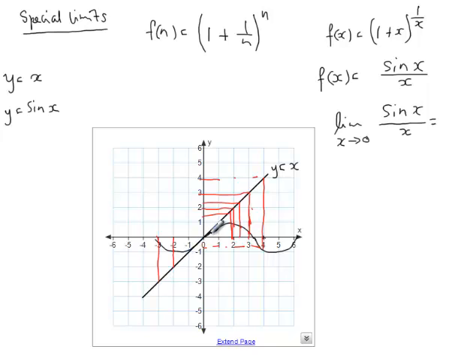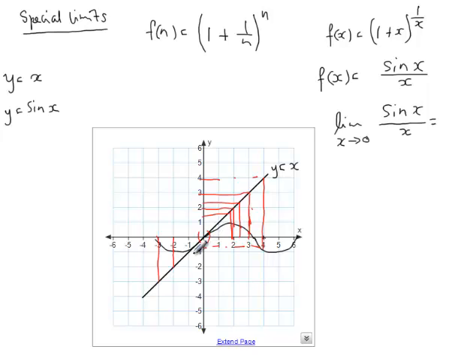So as I come closer and closer to zero, as you can see also from the graph, it looks like the graph of the sine and the graph of the line are almost equal, isn't it? Though the sine is still less than the line, they are almost equal. Now if you divide two numbers which are almost equal, both negative on this side and both positive on that side, what will be the answer?